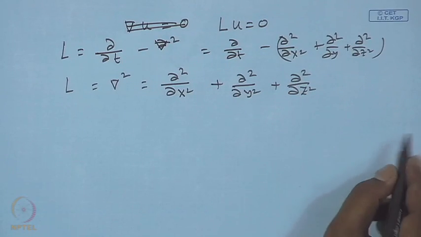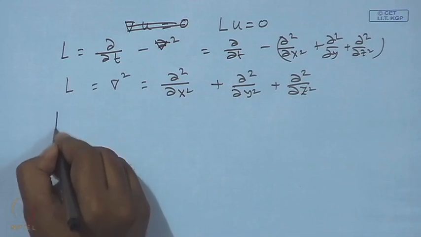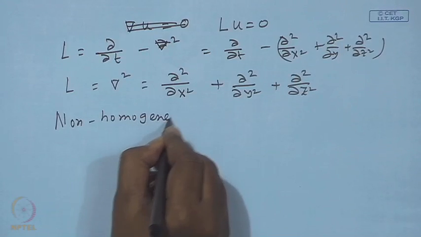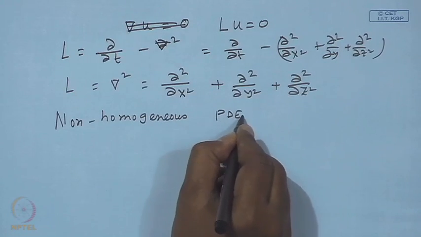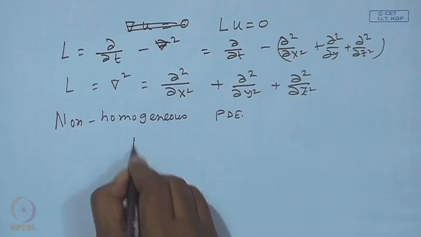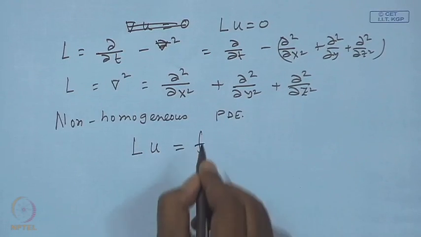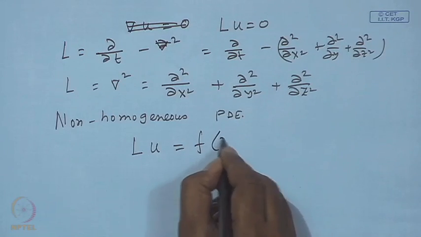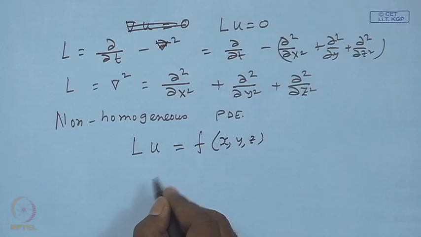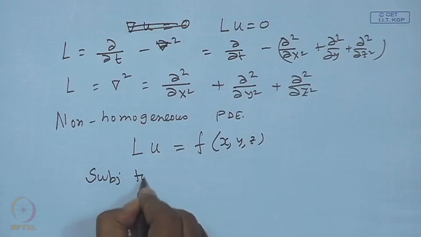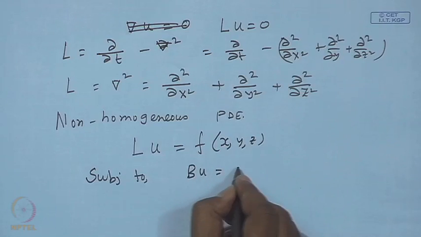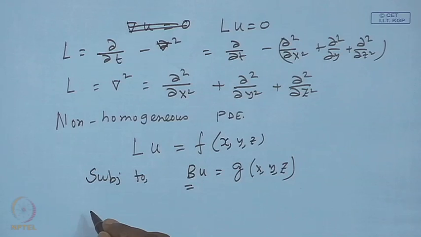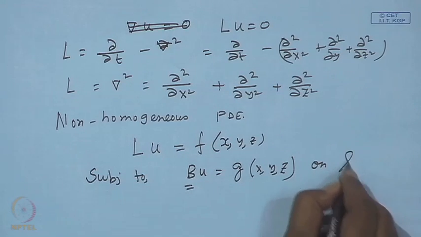But in this problem from now on we will be solving the non-homogeneous partial differential equation. The compact form of non-homogeneous partial differential equation will be L u is equal to f. This f can be a function of x, y and z. So, no problem, subject to the boundary condition B u is equal to, in general a function of x, y, z, B is the boundary operator. So, this is valid on a surface S.